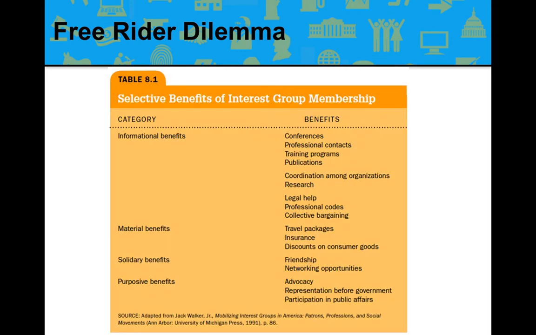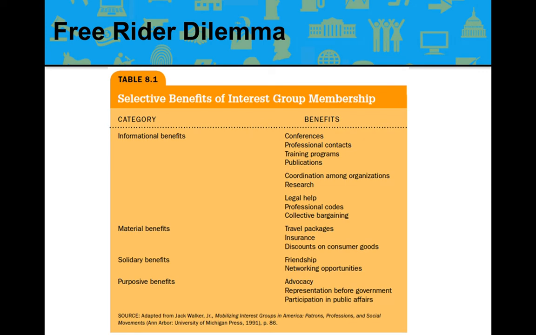All right, these are some different benefits of group membership. So informational, for example, there's all kinds of things that would be beneficial to members through some information that they might get for joining. So certain groups, like if you are a doctor and you're enticed to join the American Medical Association, the AMA, you pay your dues, and you're likely to be able to attend some conferences.